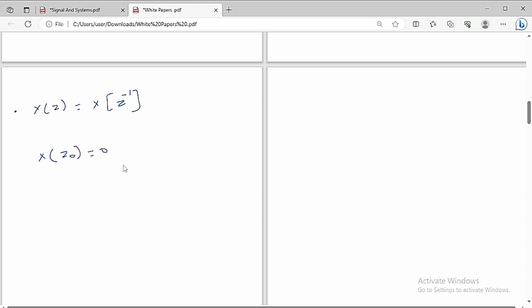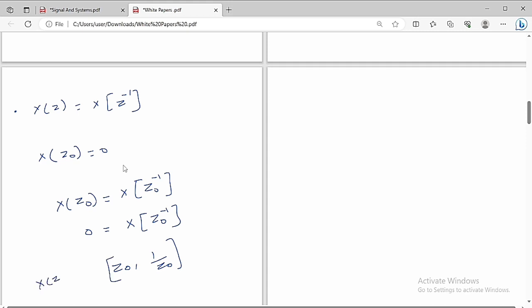Substitute z is equal to z naught. So x of z naught is equal to x of z naught to the power of minus 1, right? As x of z naught is equal to 0, so 0 is equal to x of z naught to the power of minus 1. So from this we can say that both Z0 as well as 1 by Z0 are zeros for the function x of z.